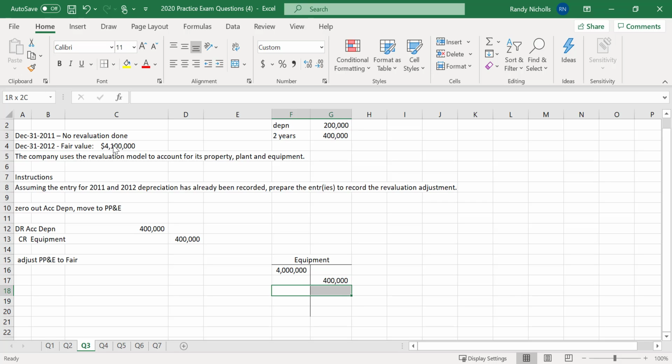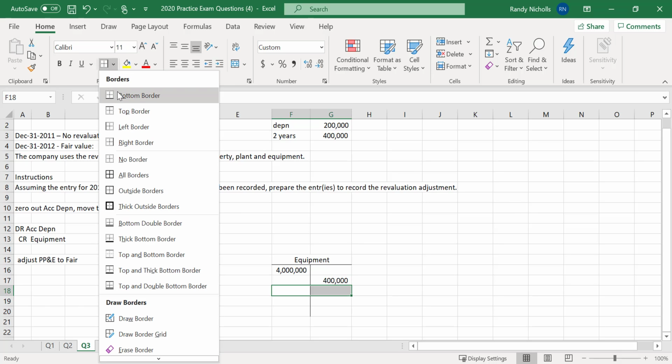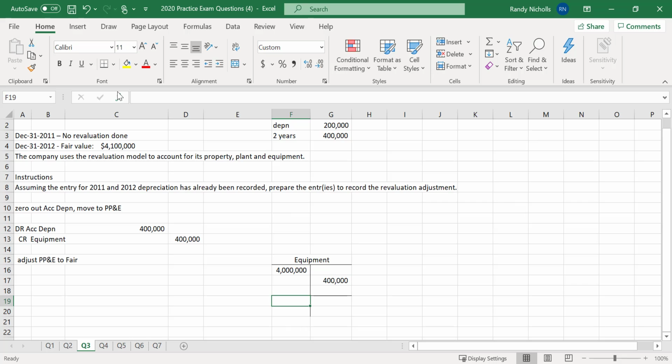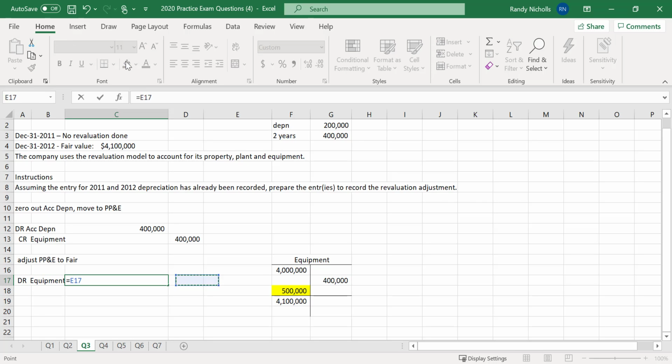I need to get the balance to the fair value, which is 4.1 million. So what do I need to make that work? Well, it looks to me like I need 500,000. Right, 4 million minus 400 plus 500 gives me 4.1. So debit equipment 500,000, and this credit is that revaluation surplus account.